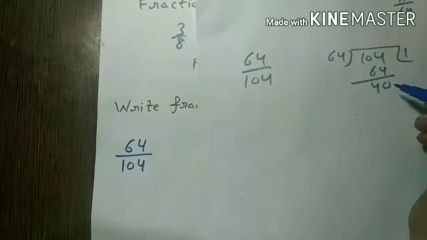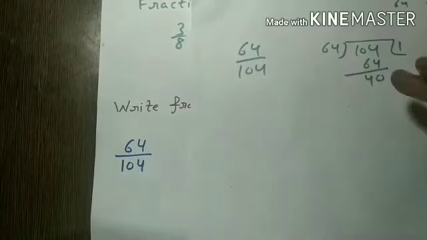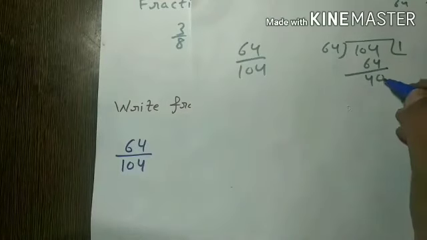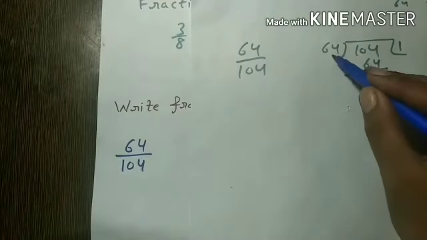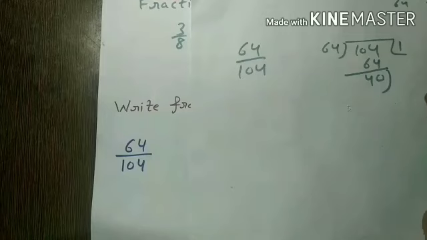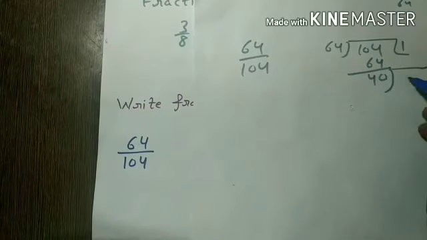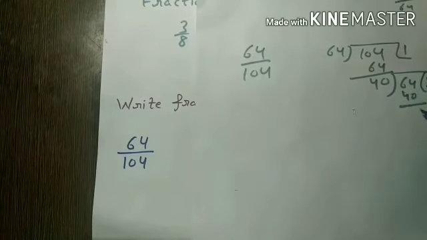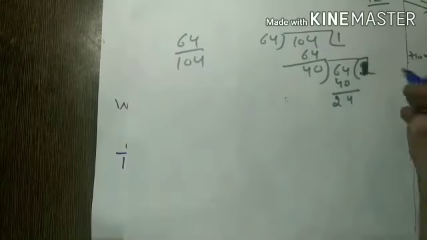That is 40. Now in the long division method, I will have to divide the earlier divisor with this new remainder. Now 64 by 40. What is the table of 40? 40 ones are 40 and 40 twos are 80. So I will write only 1. Okay, so 64 minus 40 is 24.